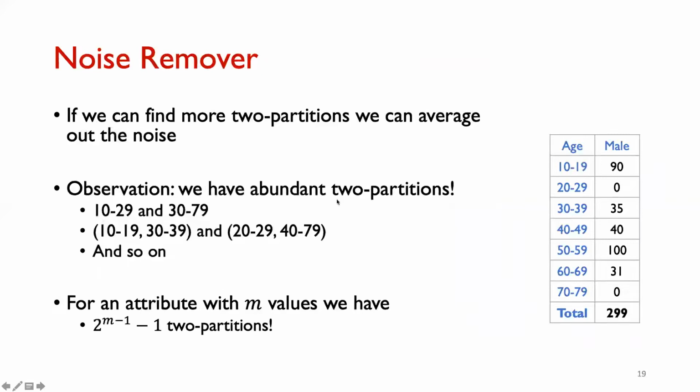Now, if we can find plenty of 2-partitions, we could average out the noise. And our observation is that there are plenty of 2-partitions. For instance, another 2-partition in the same table is 10 to 29 and 30 to 79. In fact, for any attribute with m values, there are 2^(m-1) - 1 2-partitions.